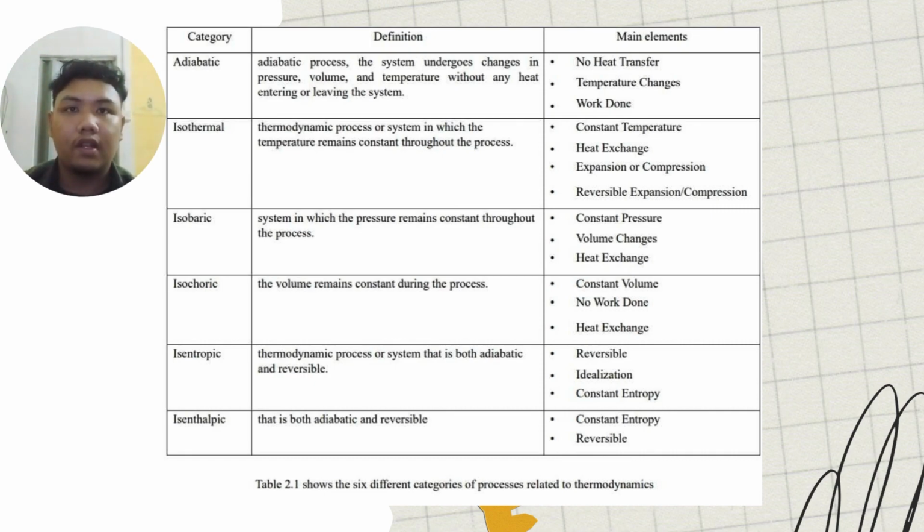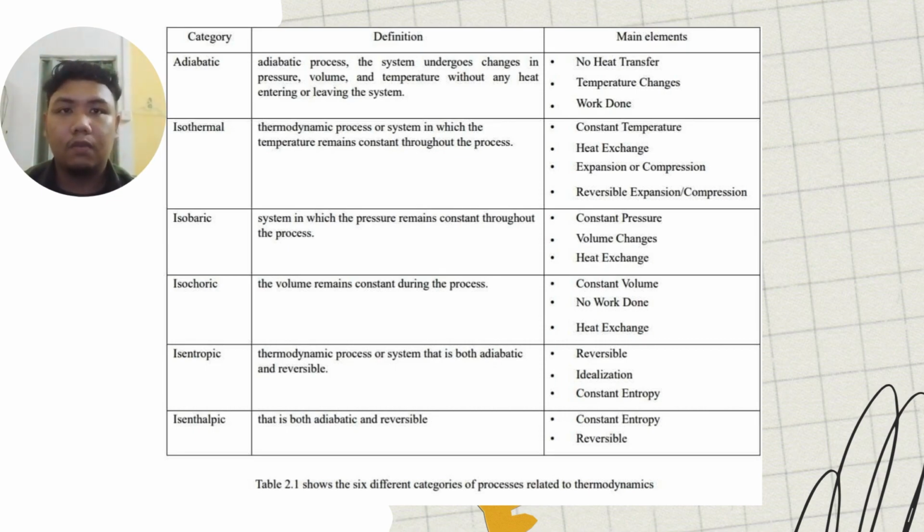The third is isobaric, a system in which the pressure remains constant throughout the process, and the main elements are constant pressure, volume change, and heat exchange. The fourth is isochoric, where the volume remains constant during the process, and the main elements are constant volume, no work done, and heat change. Next is isentropic.